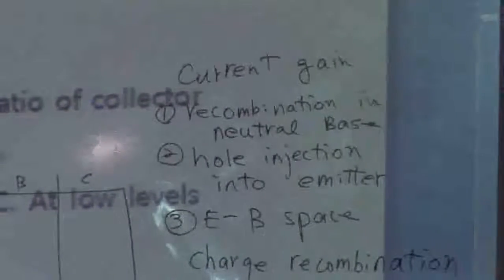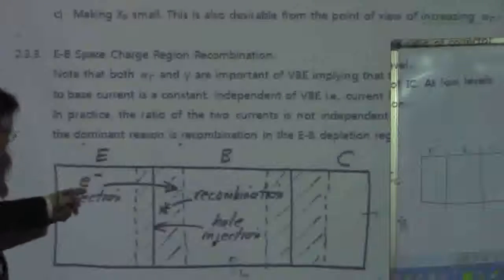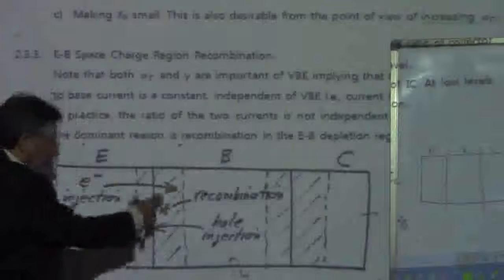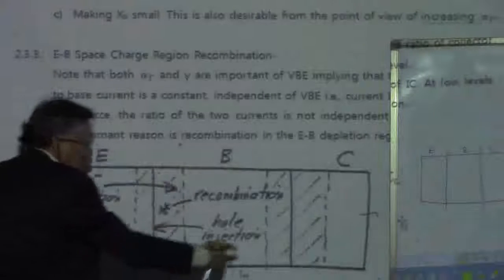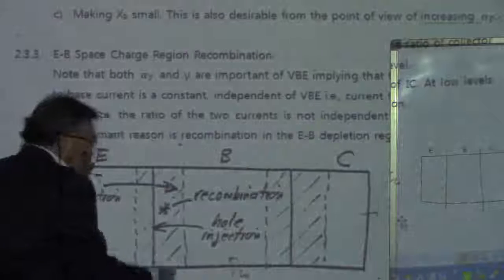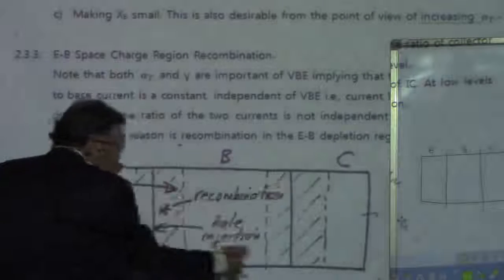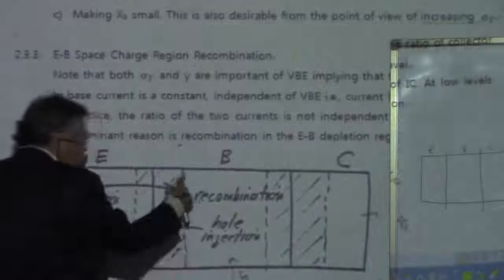Okay, so if you draw this into drawings, the first one is shown here. The recombination in the neutral base means that if an electron is injected into the base, we have a depletion region in the emitter-base junction and a depletion region in the base-collector junction. Except for this depleted region, this is called the neutral base region.